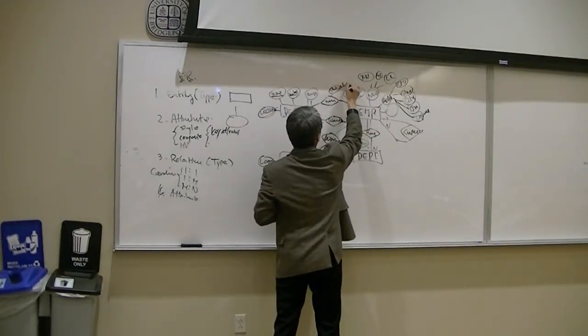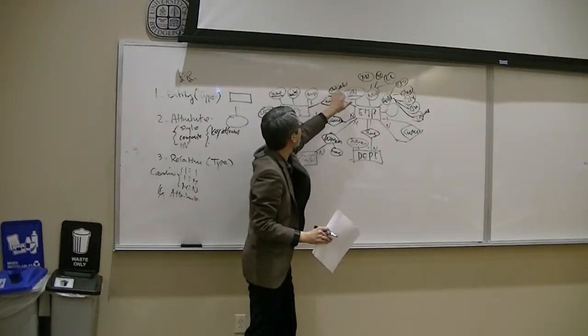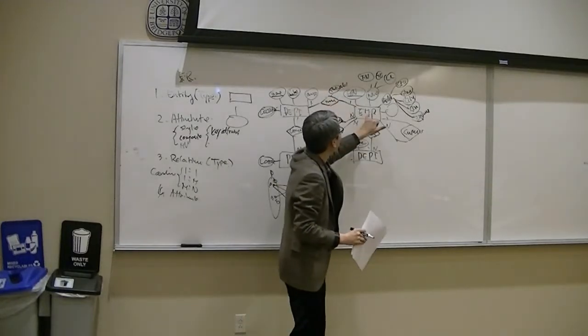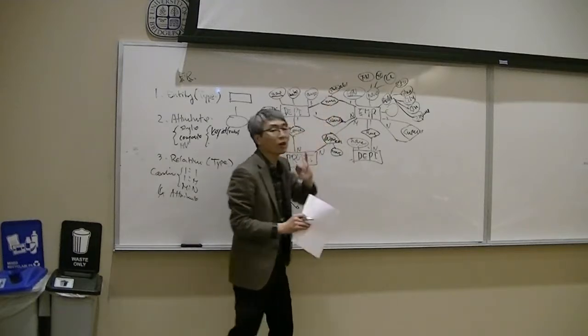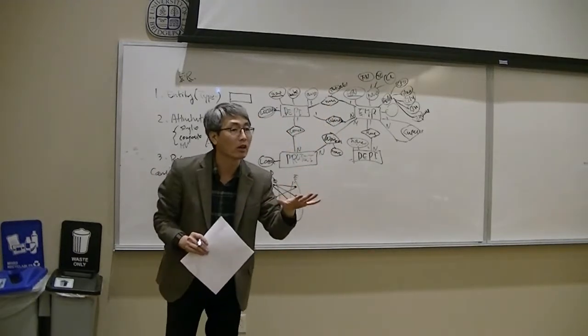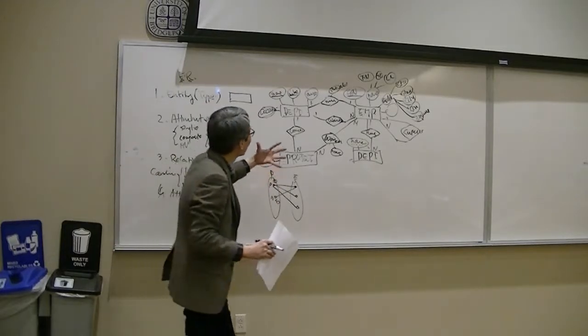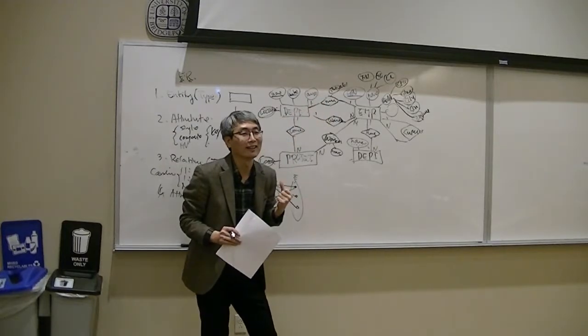So start date, in case of one-to-one, because it's a one-to-one mapping, this start date can be an attribute of the department, or of the employee, or of the relationship. It doesn't matter. But if you think a little bit more, it may be the attribute of a department. Why?